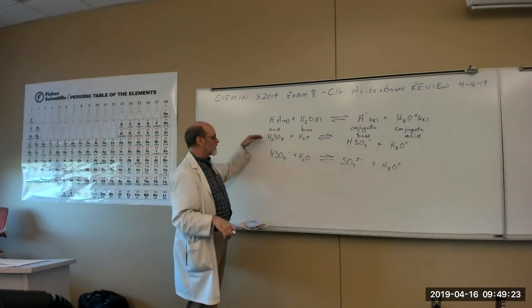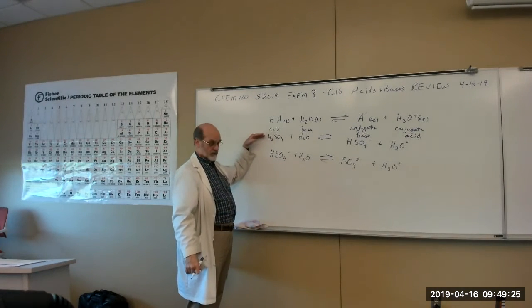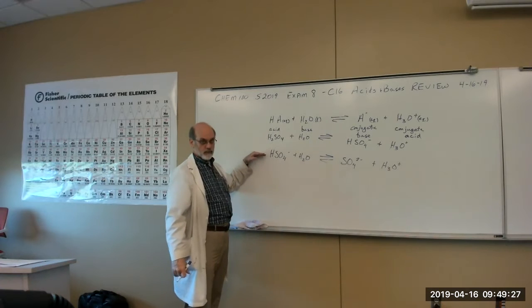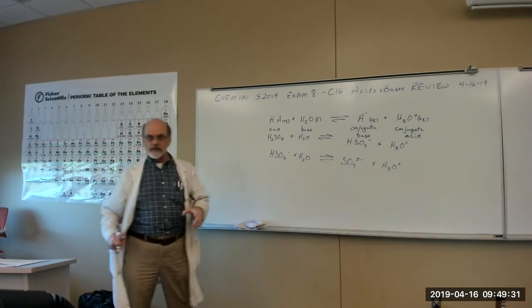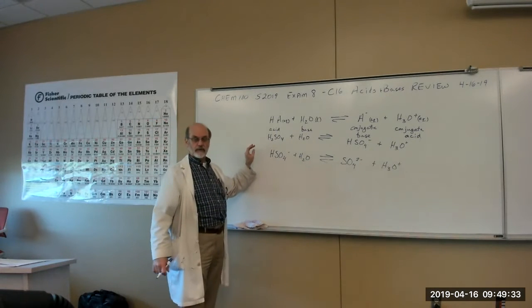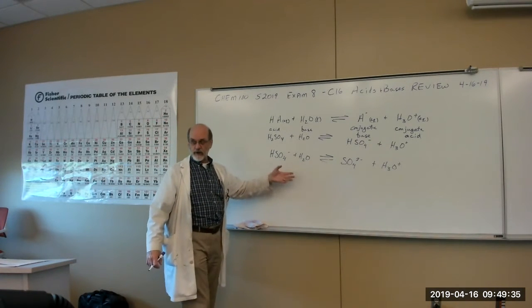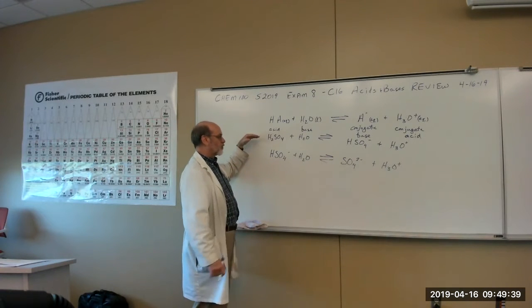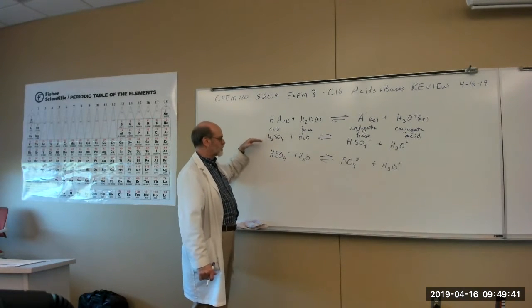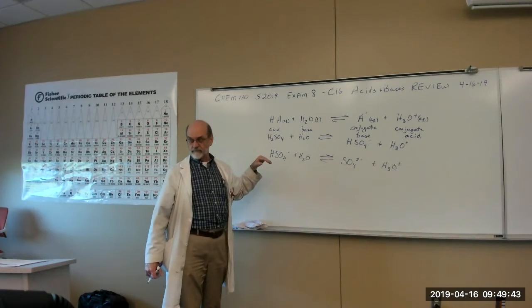The equilibrium for this one is very different than the equilibrium for this one. Now, it's possible, using Hess's law, to combine the two and get an equilibrium expression. But when you're talking about individual proton transfers, these two are very different from one another.